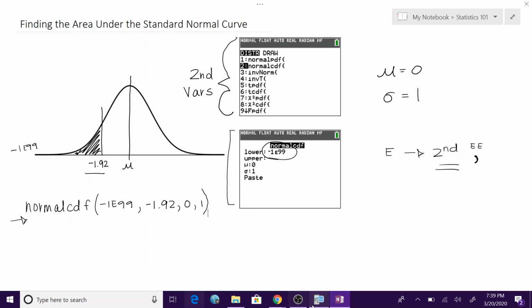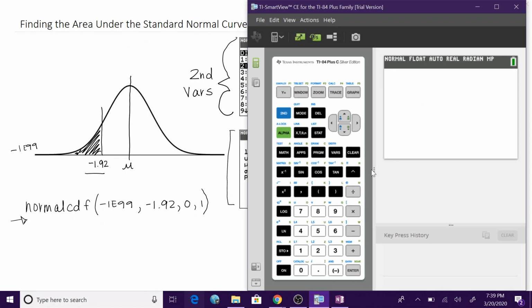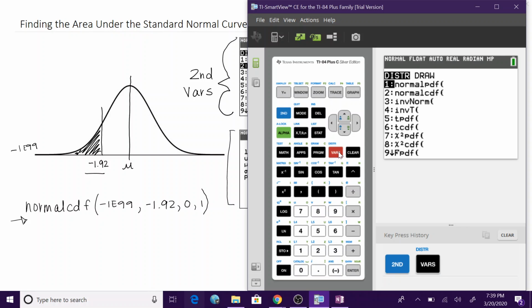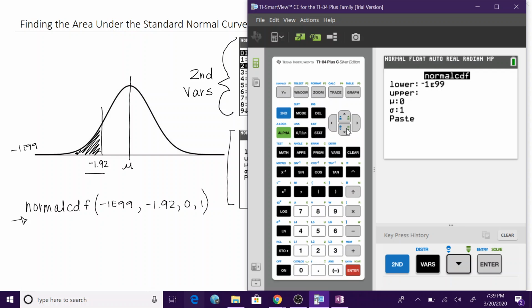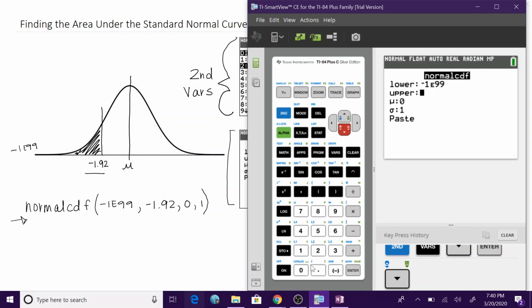Now to do this on your TI-84 calculator, again, we would choose second vars. We want to toggle down to number 2 and press enter. Now, by default, it comes up as negative 1e99. Sometimes you'll have to change that value. We'll get to one of those in a second. So our upper bound number is going to be negative 1.92. And we're going to go down to paste because our 0 and 1 as our mean and our standard deviation is already put in there for us.